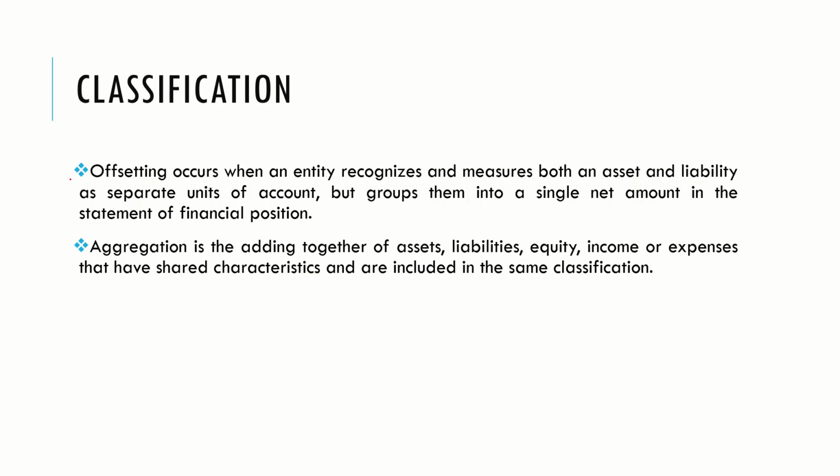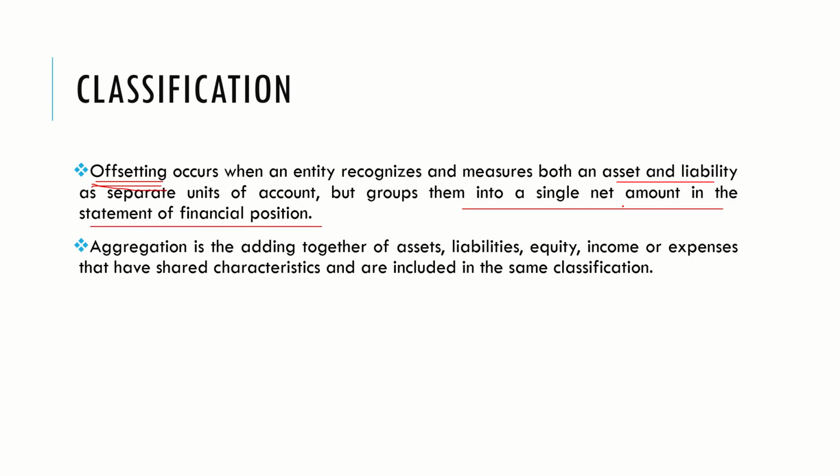So to continue, as part of the discussion ng classification, you have offsetting. Okay, so you will hear this and might have heard it already in your cash and cash equivalent discussion, pero offsetting is not allowed there. But when we talk about offsetting, it happens when the entity recognizes and measures both asset and liability of separate unit of account but groups them in a single amount in the statement of financial position.